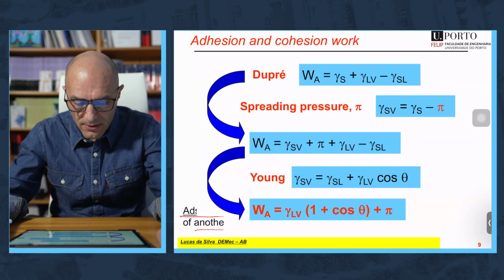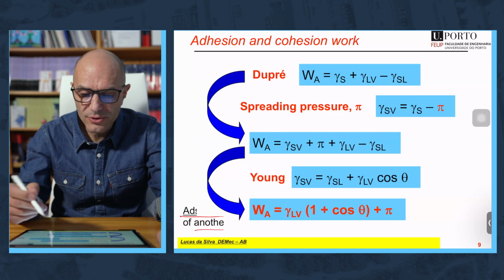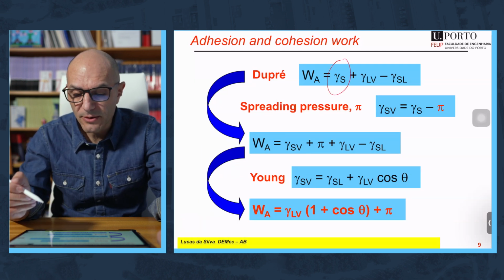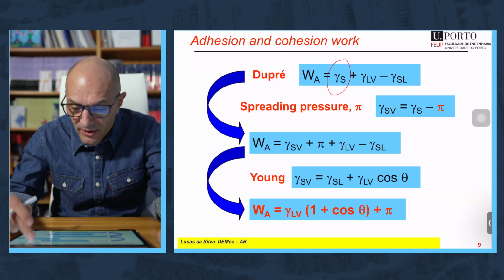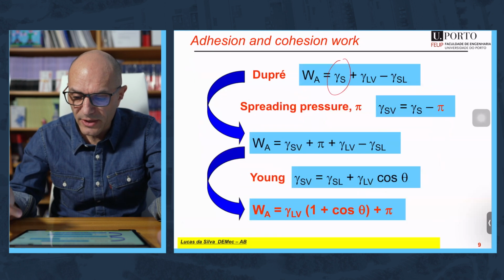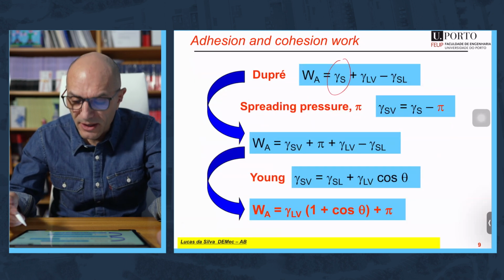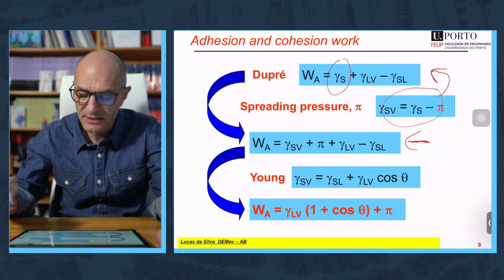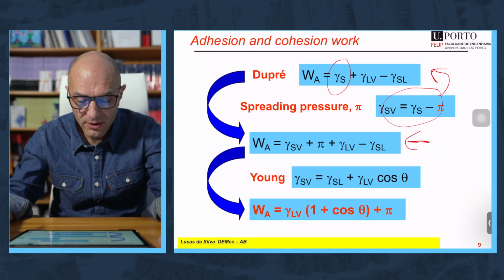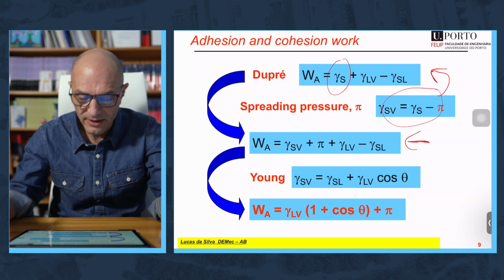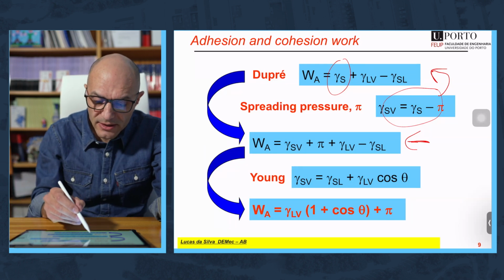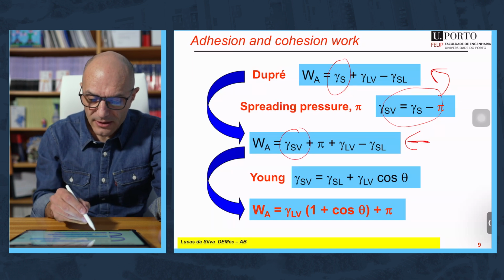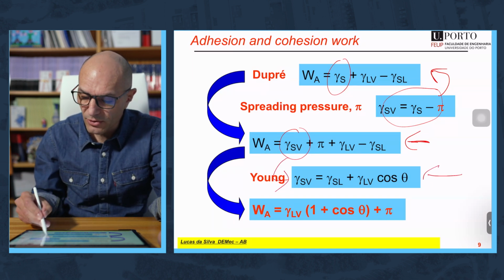Okay, so let's go back to the work of adhesion, and now we need to update the previous expression, this one, to take into account the spreading pressure. So this goes into this, and we are left with this new updated work of adhesion equation. Very nice, and it's very clear that in this equation we have the surface energy of the solid, and this can be substituted by the Thomas Young equation.